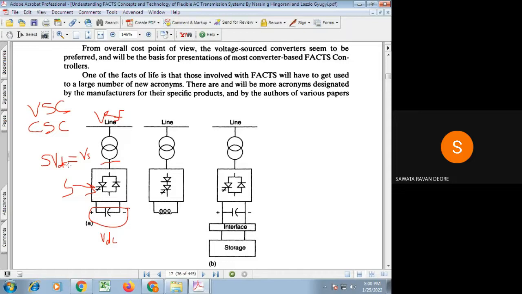In that way switching is controlled so that an alternating square wave AC voltage waveform gets generated on the AC side, and then the fundamental along with all the other harmonic components it has, the harmonic components can be filtered out with the use of a filter, and the remaining AC is kept at the level of your transmission line voltage by means of a coupling transformer.